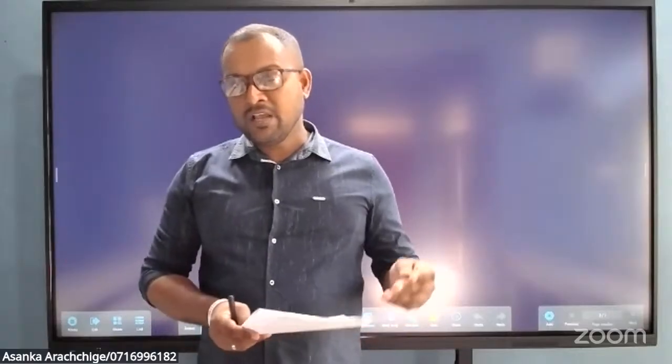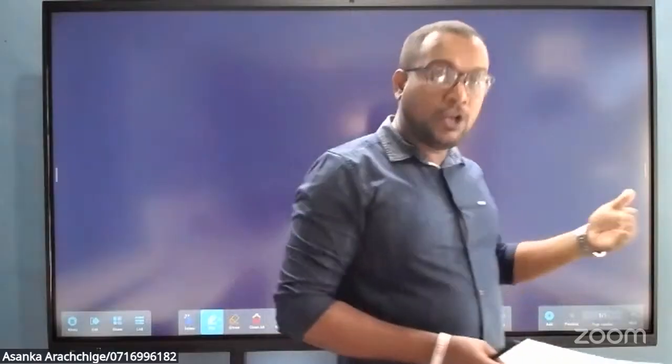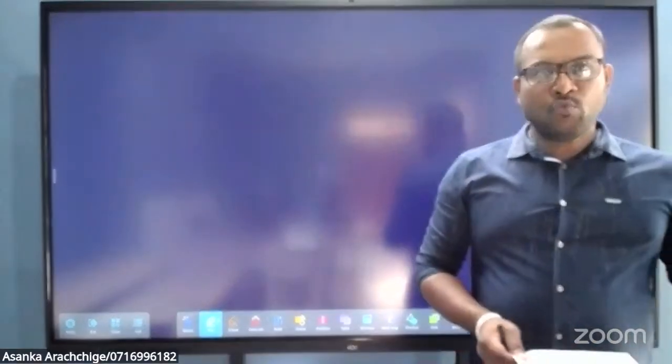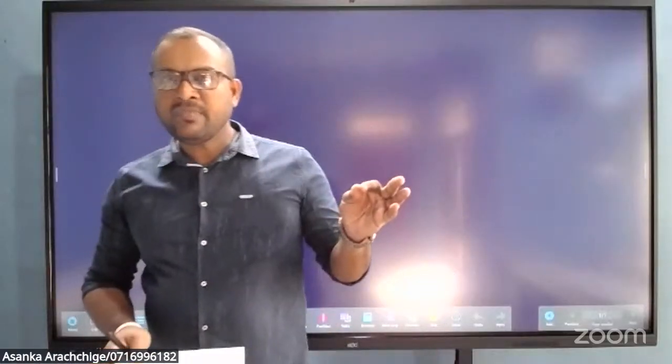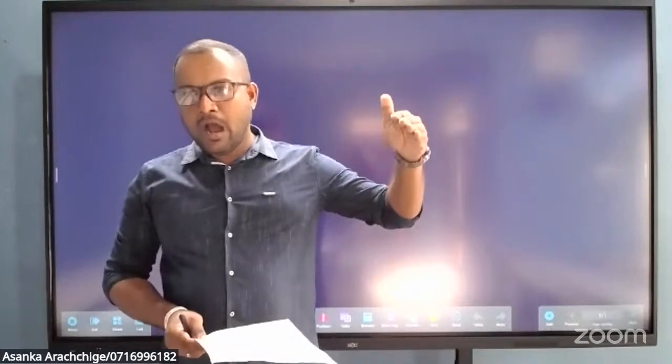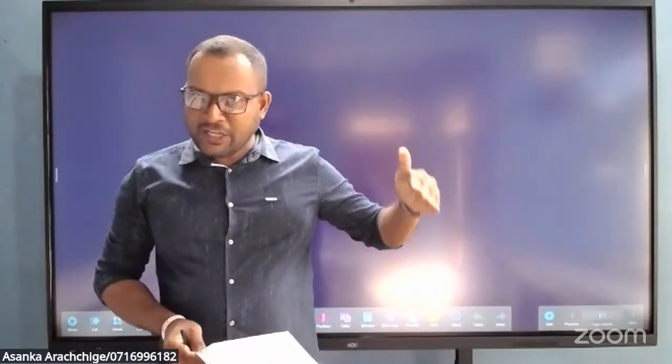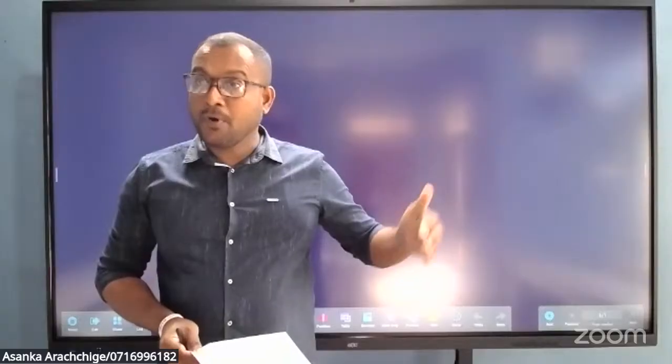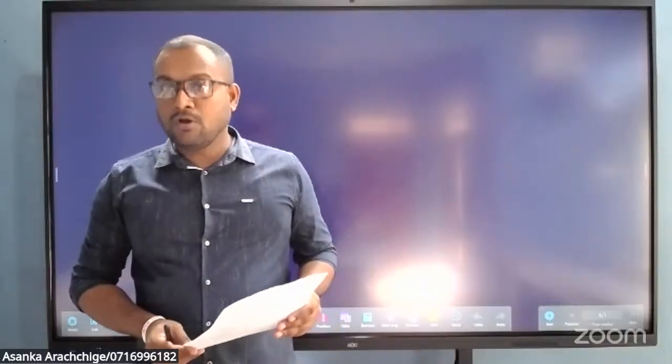The other person, Manel, buys the television set on hire purchase, with the amount and interest to be paid in 12 equal monthly installments. Now you know what hire purchase means. When we buy an item or take a loan under hire purchase, it means the interest is calculated on the reducing loan balance.